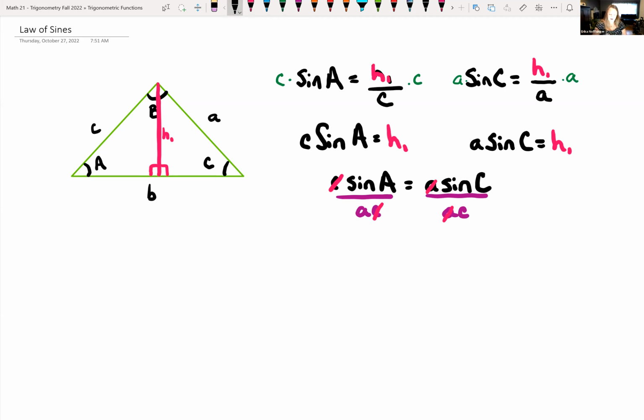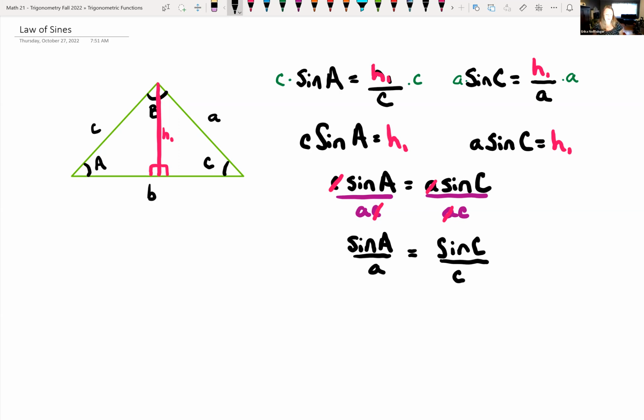And so here we're getting part of our formula, which says that sine of A over side a is equal to sine of angle C over side c. So angle B, side b is a little jealous. They've been left out here.